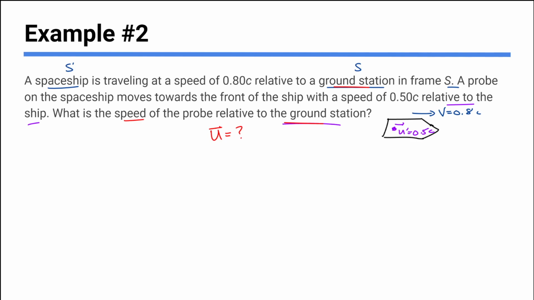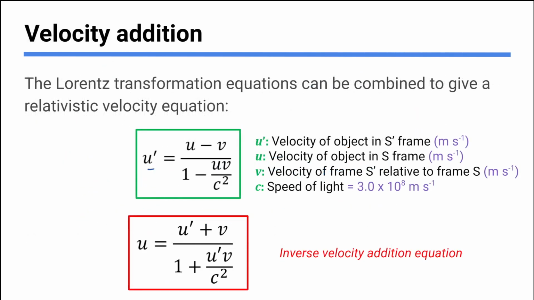What I need is the u equation. I don't want to use this one to solve for u because I have two u's here, and it's going to be a mess to solve for that u. Why don't I just use the inverse one? The one where I solve for u in terms of u prime, v and c, which is all stuff I know.